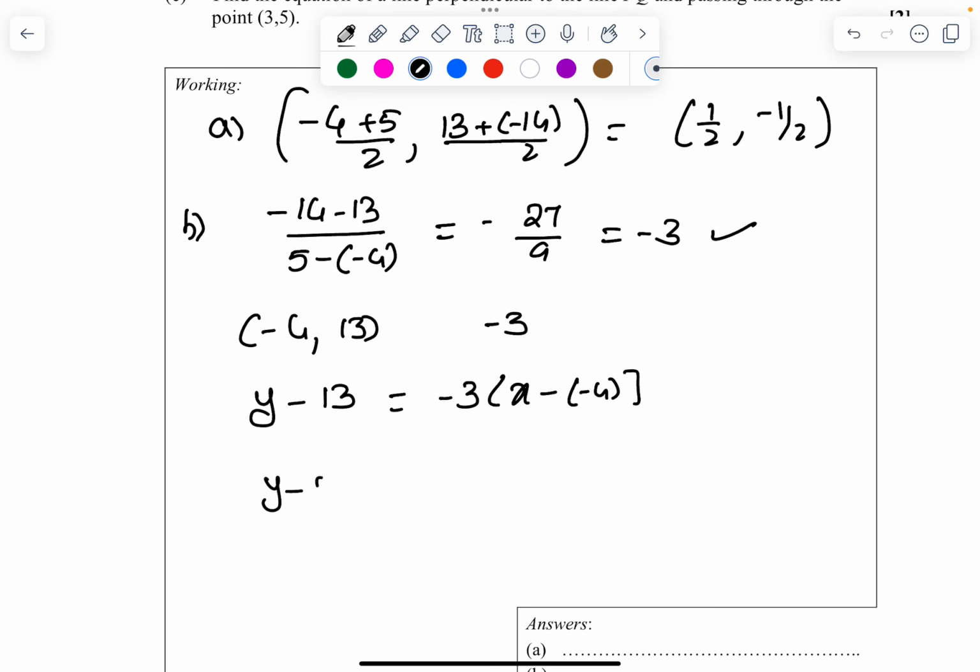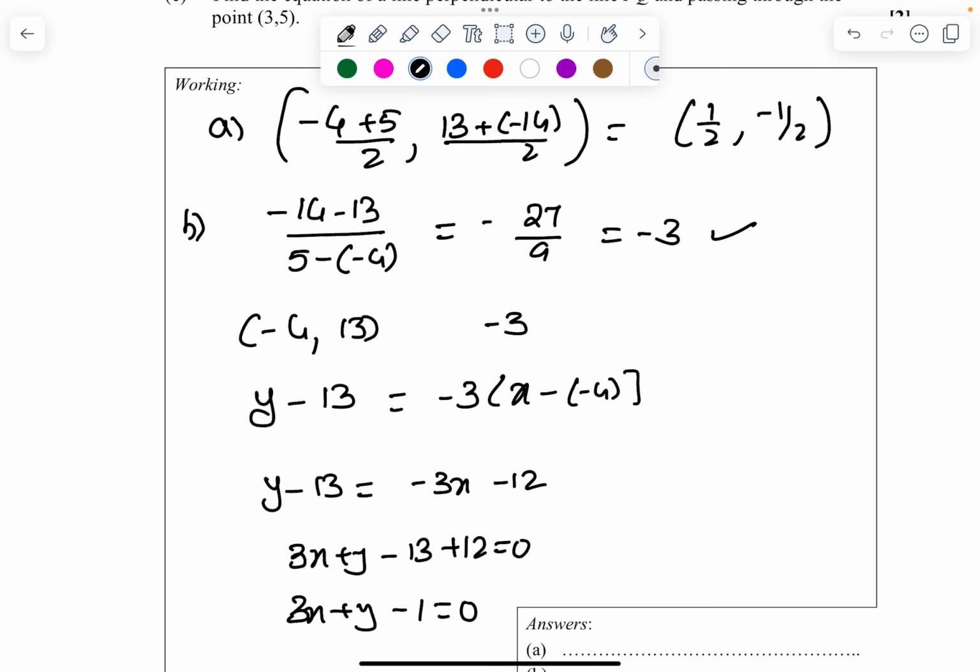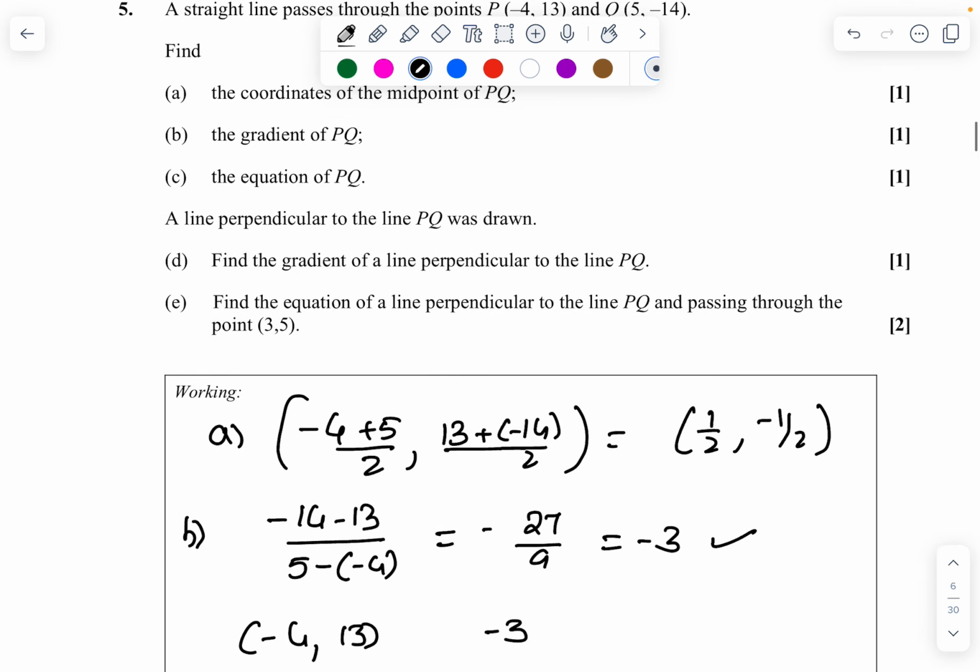So what does that become? y minus 13 equals negative 3x minus 12. So 3x plus y minus 13 plus 12 equals 0. 3x plus y minus 1 equals 0. So I have used y minus y1 equals m times x minus x1. That's the equation of PQ.